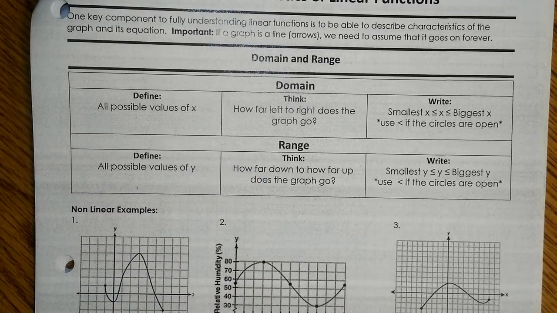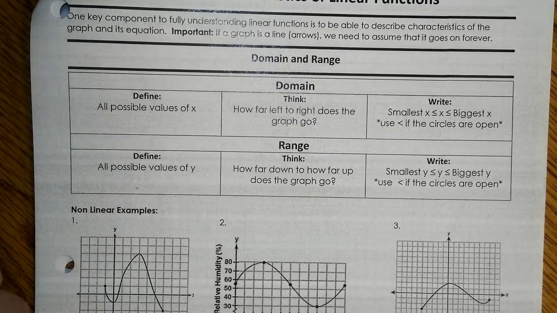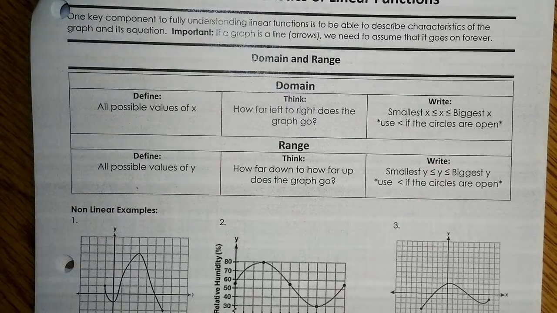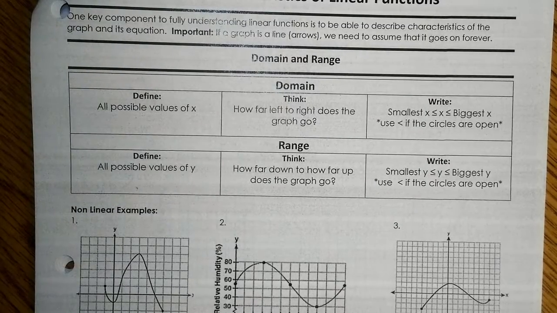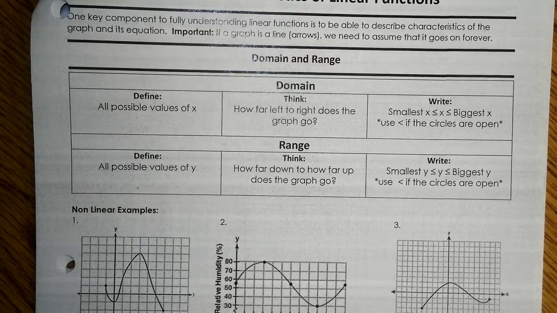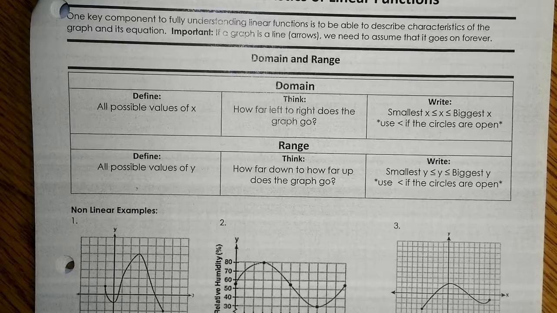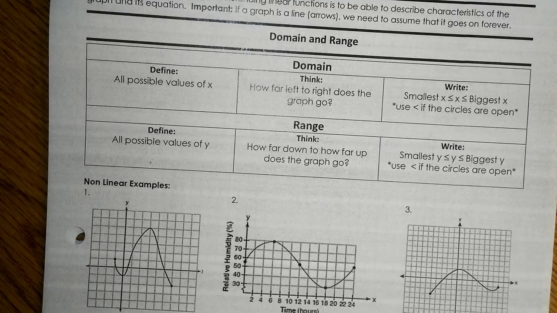So if we have a graph that looks like this right here, and it goes this way forever and that way forever, how far left does the graph go? Forever. Good. How far right does the graph go? Forever. Now let's look at it going up and down. How far down does the graph go? Forever.